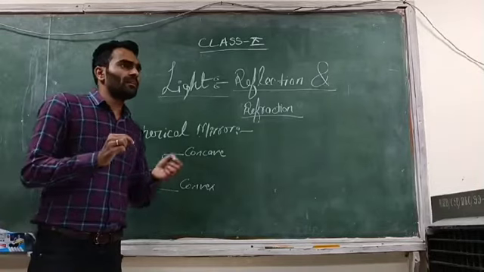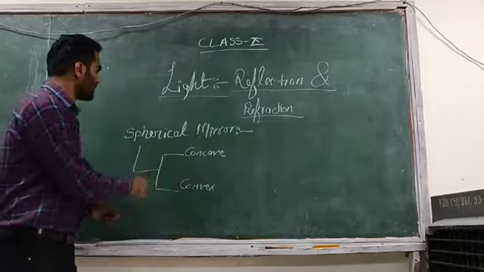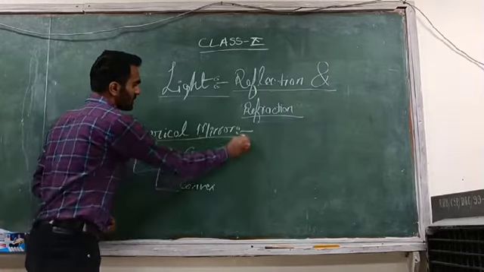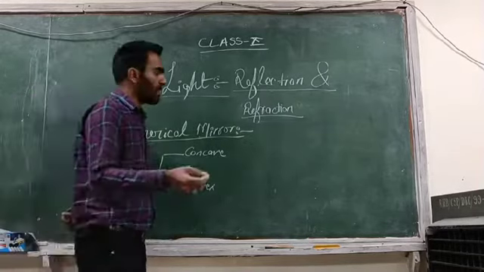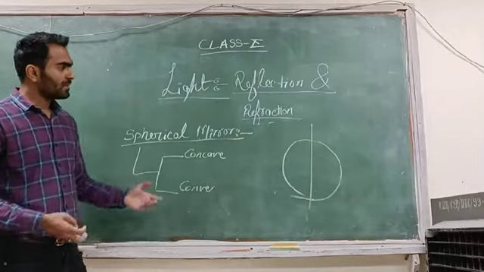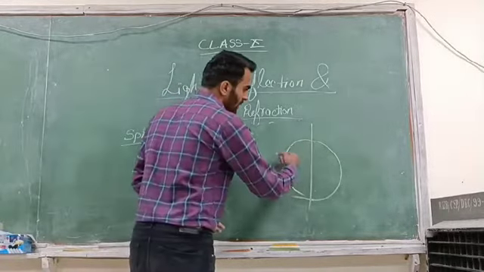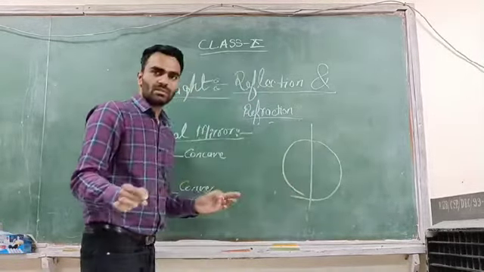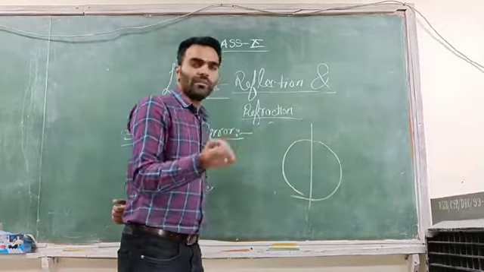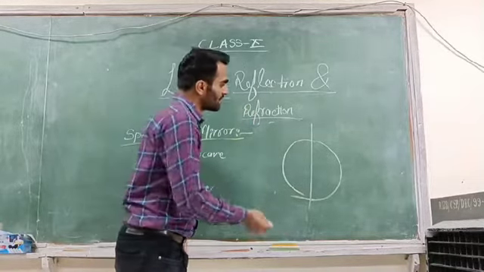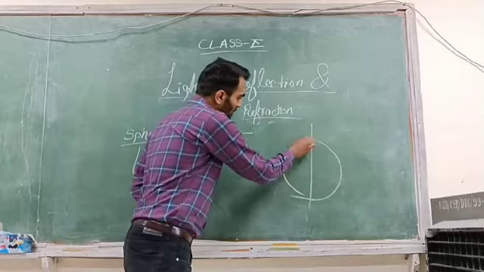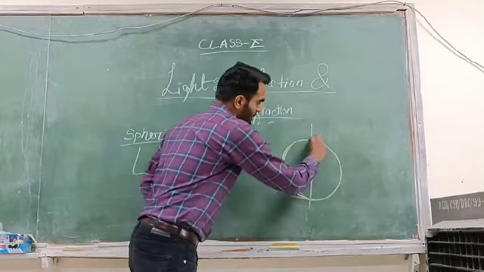Now we know about a mirror, so let's talk about a new type of mirror known as spherical mirrors. So what is a spherical mirror? For a spherical mirror, we take a circular mirror, which is just normal. And now what we do exceptionally is work upon its radius of curvature.